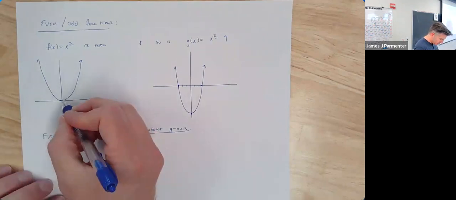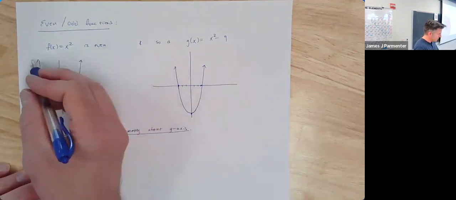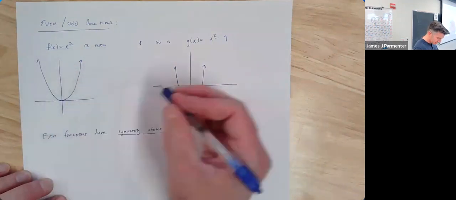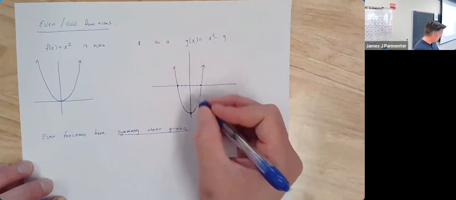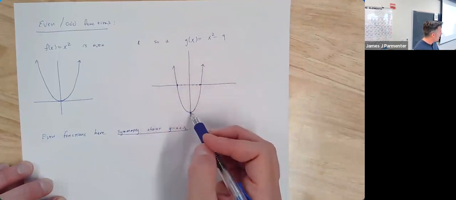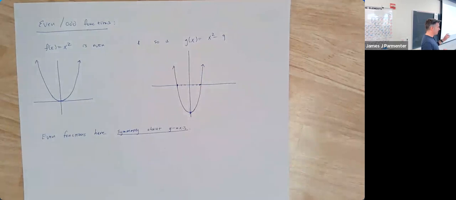You can think of it as this half over here looking in the mirror and seeing itself reflected back over there. Same deal here. The mirror is the y-axis. So this half over here is looking in the mirror and seeing the same half reflected over there. The way I actually think about it is if you flip this graph over the y-axis, it would still look the same. That's how most people do.